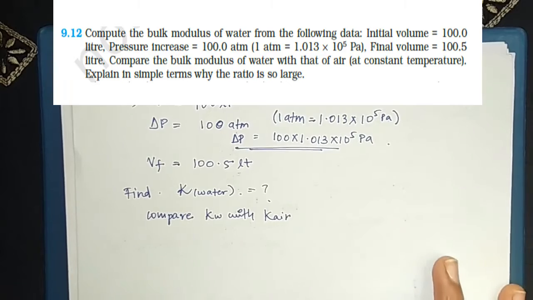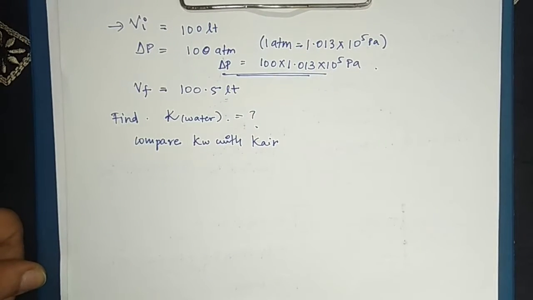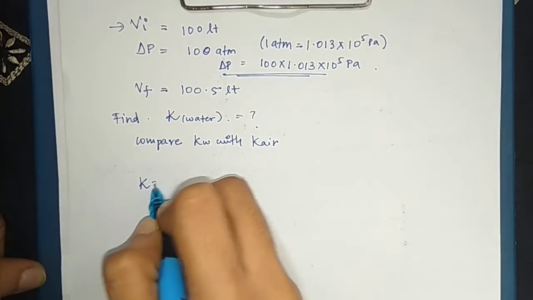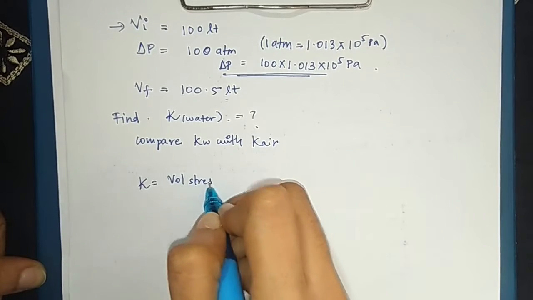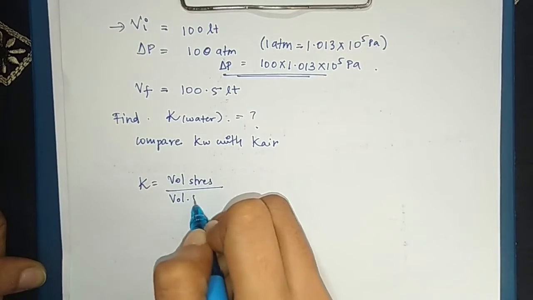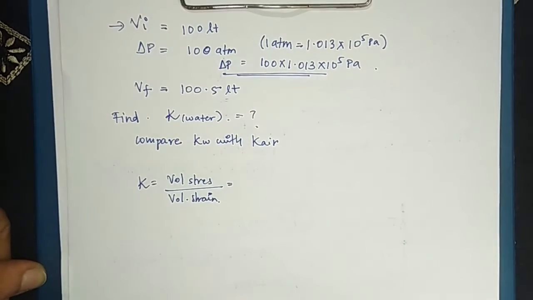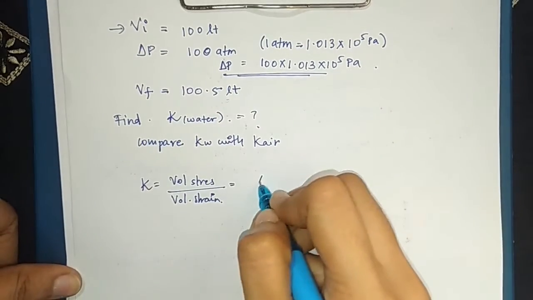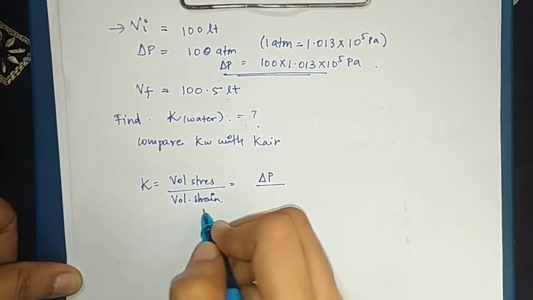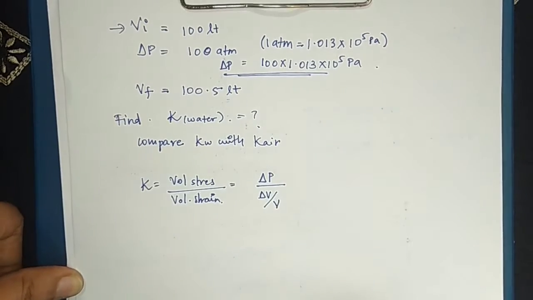First let us find the bulk modulus, which is related to change in volume. Bulk modulus is nothing but volume stress divided by volume strain. Volume stress is force by area, which can also be written in terms of the change in pressure, and volume strain is the change in volume divided by the original volume.